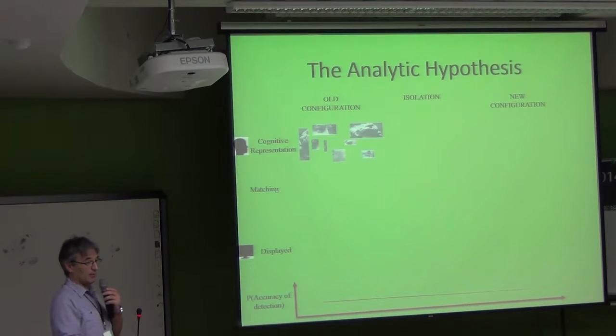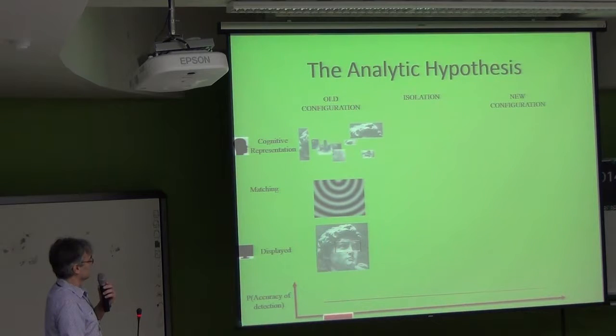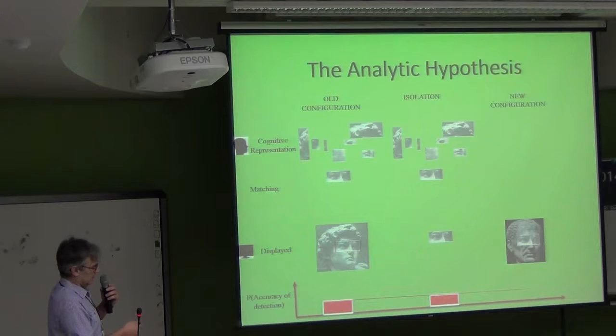If you're working with an analytic brain, you'll be storing these representations as feature-like representations. They're active, and then when you show the whole figure, the entire old configuration, you have some accuracy, right? If you show the isolated feature, like in this one case, categorization is accurate, and then in a new configuration, it does not matter.